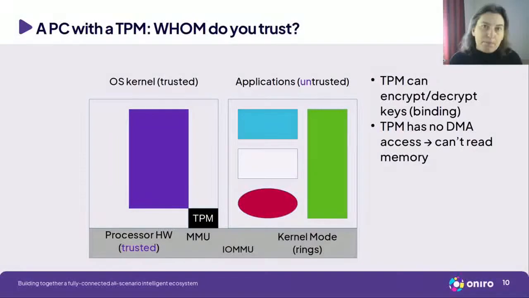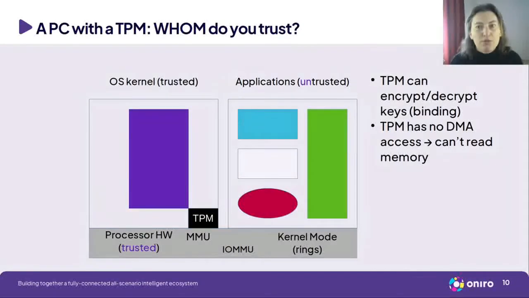With a TPM, whom do you trust? Nothing really changes, except that you have that separate TPM chip that I've put on the extension of the hardware and more in the kernel mode. It's really a separate piece of hardware. It can encrypt and decrypt keys.